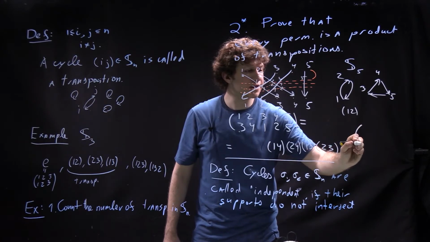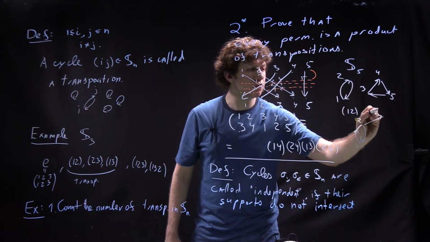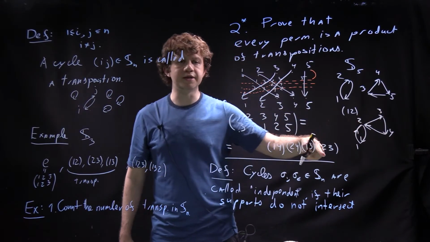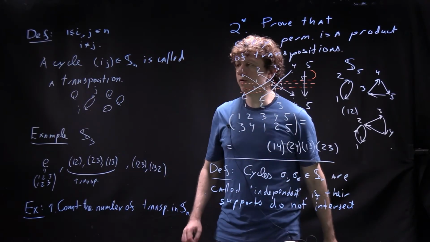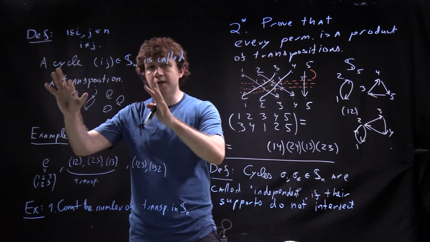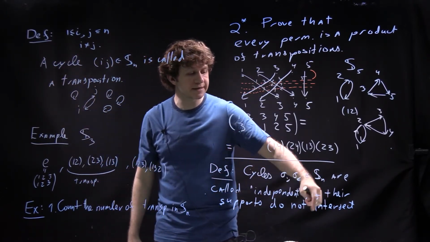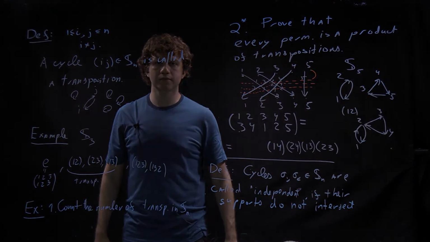And for instance, if I take 1, 2, and I take 2, 3, 4, these 2 cycles are dependent, so they are not independent. Okay, so if you recall the picture we had in the beginning, our permutation was presented as a combination of independent cycles. So now let me prove that this is true in general.